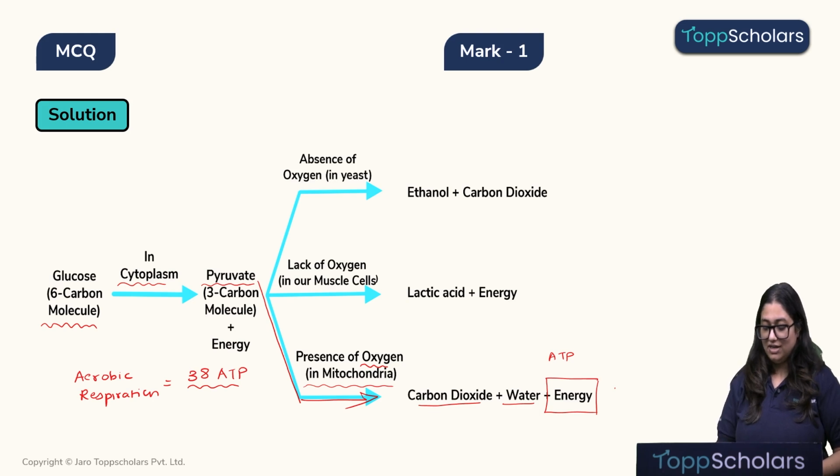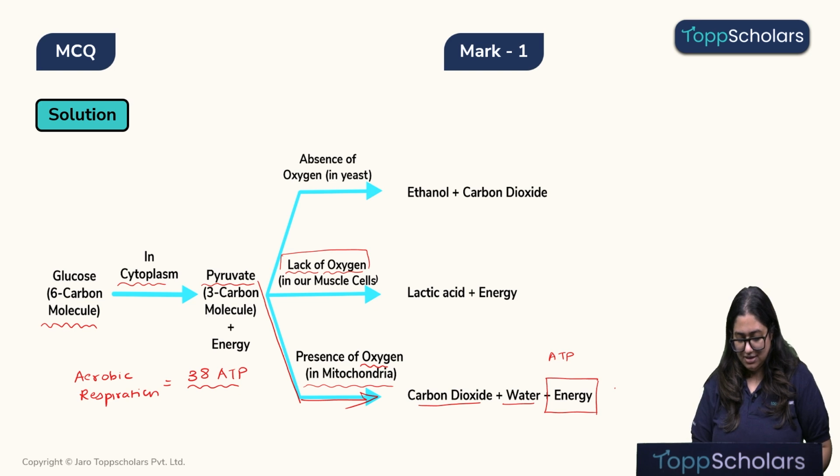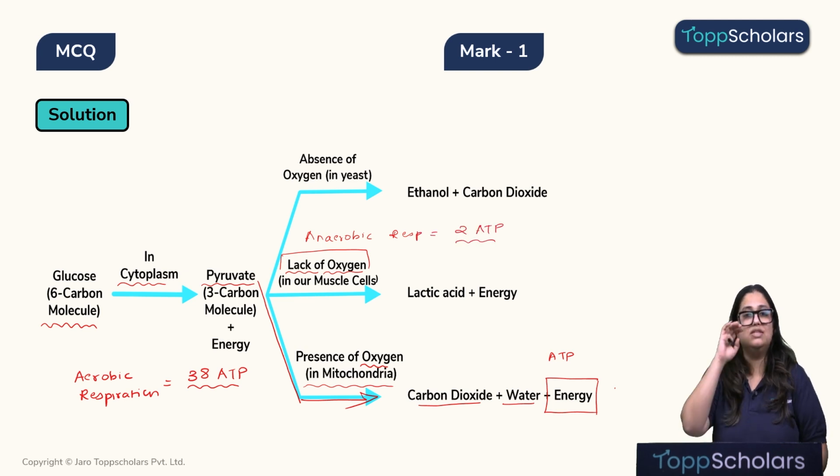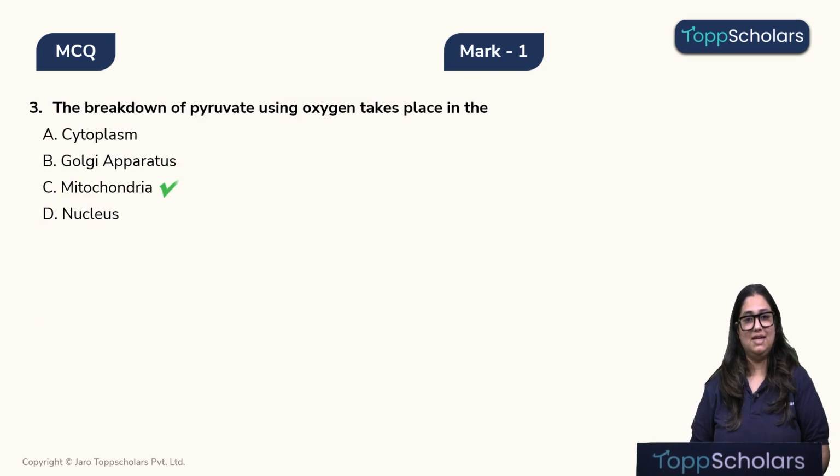Whereas in anaerobic respiration, that is when the breakdown of glucose takes place in the absence of oxygen, which is when we are exercising, only 2 molecules of ATP are produced. So you can see there is a huge difference when the glucose is broken down in the presence and in the absence of oxygen. The highest ATP is released in the presence of oxygen, which is 38 molecules. I hope this is clear. So the correct answer is option C, that is the mitochondria.